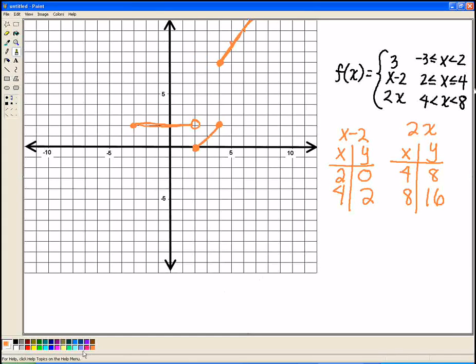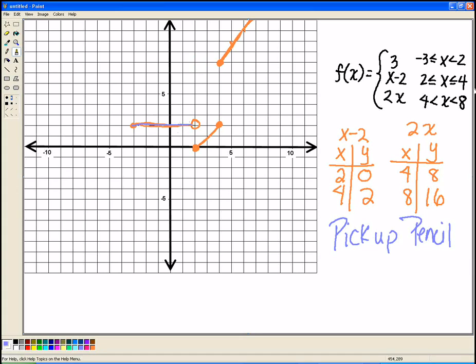So now if you come back in here and you trace this function, do you have to pick up your pencil? Well, let's start at the lowest number, at -3, and trace.